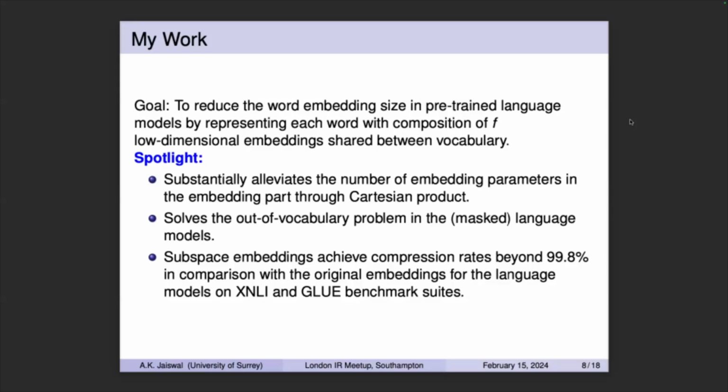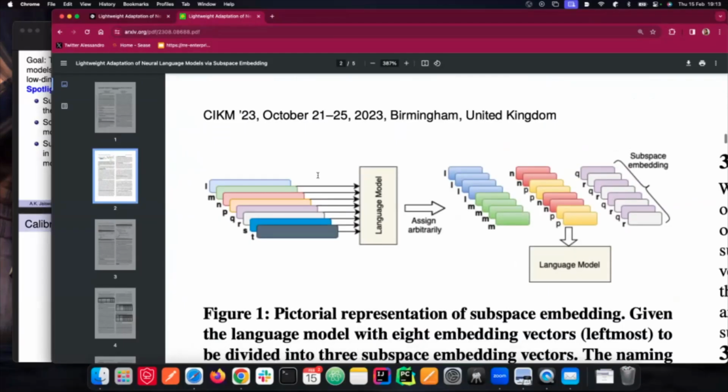We use a clustering algorithm as well, k-means, to optimize the out-of-vocabulary problem in masked language models. Our focus is only on models that are not just next sentence prediction, but also masked language models. We get comparison rates of around 99.8 to 99.9% on the GLUE benchmark.